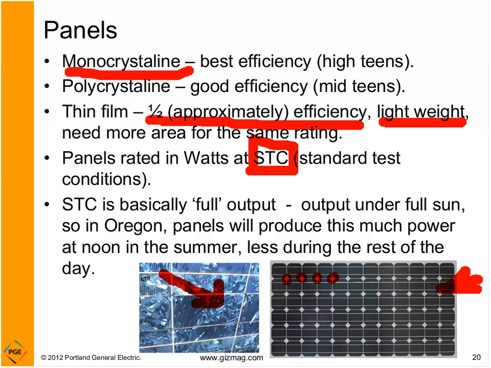In Oregon, those panels will produce under that condition just at the very highest output of our day. So you might see the full output based on STC rating only for an hour at noontime in the summertime. So if you put up a 3 kilowatt system, you really shouldn't expect to see 3 kilowatts produced out of that system very often.